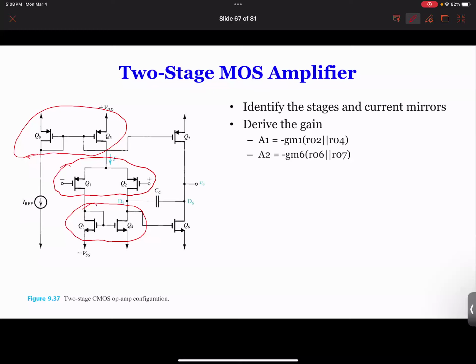Is the above one an amplifier or is it a current source? What you need to look at is whether the gate is connected to an input. If you look at the gate, what happened to the gate of Q7? It's connected to the gate of Q5, and Q5 is a current source. Therefore, Q7 is a current source. So this is your current source.